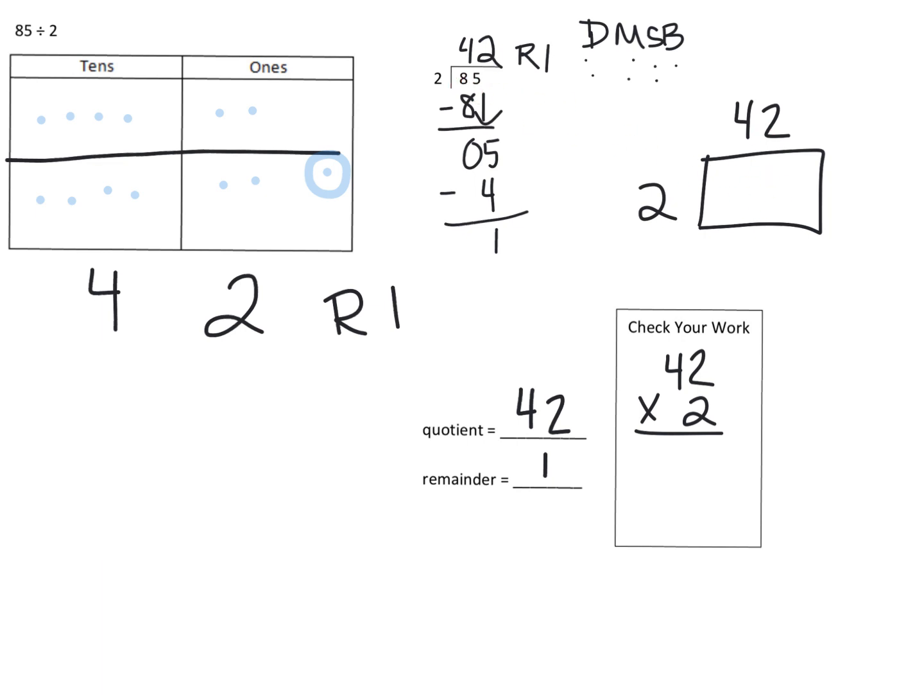So let's multiply them together and see. We're going to start right here in the ones, and 2 times 2 is 4, and 4 times 2 is 8. And then we have to remember to add on that remainder, and we get 85. If this number matches your dividend, then you know you've got the correct answer.